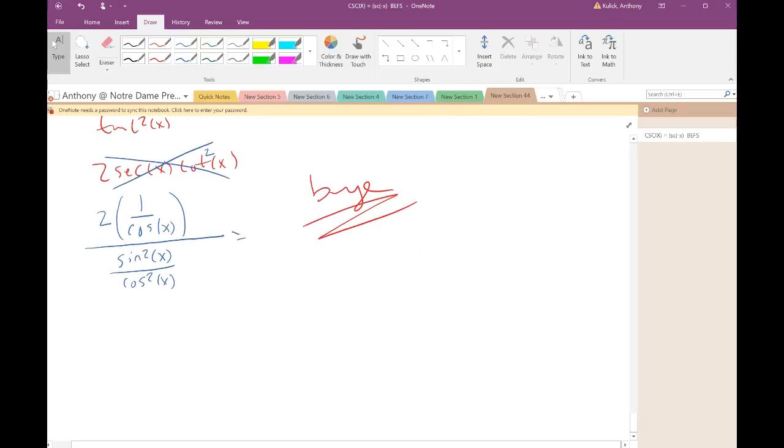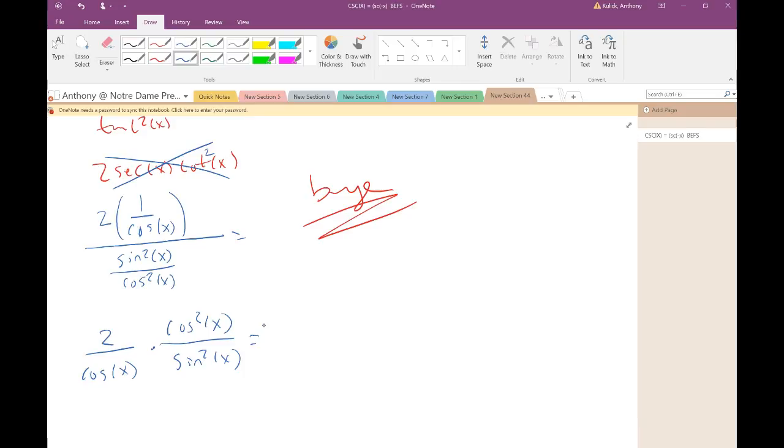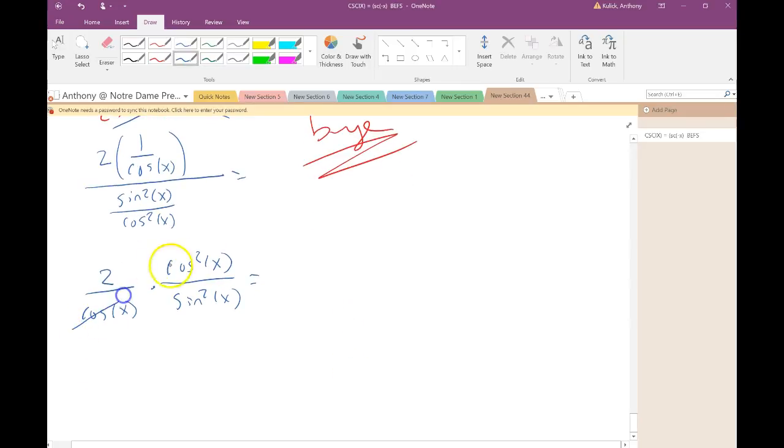So this is a division of fractions problem. I'll divide fractions. That's easy as pie. You flip the bottom and multiply. So there I have my 2.